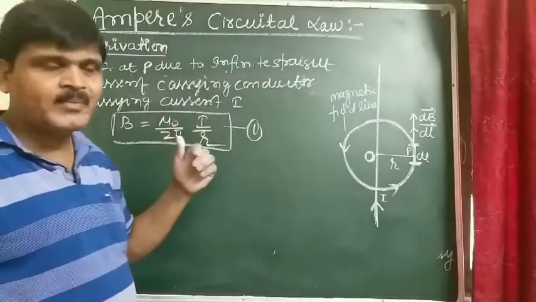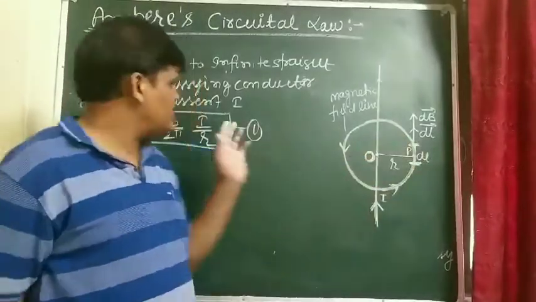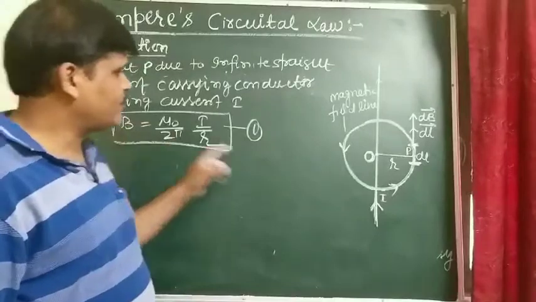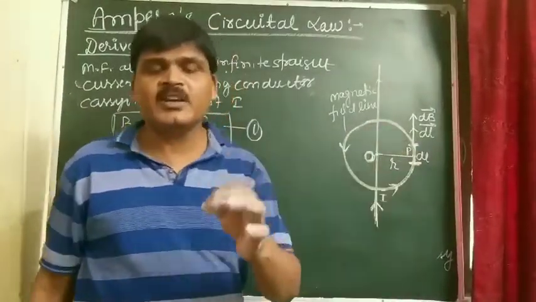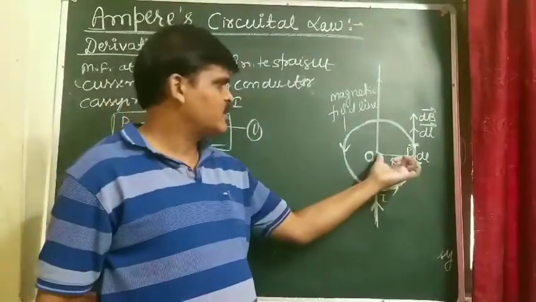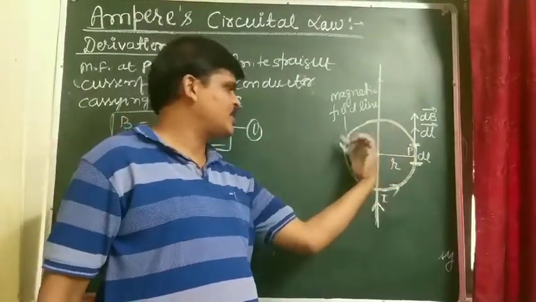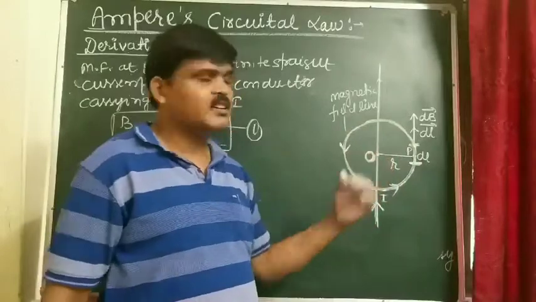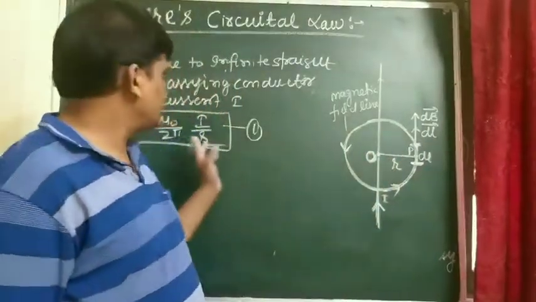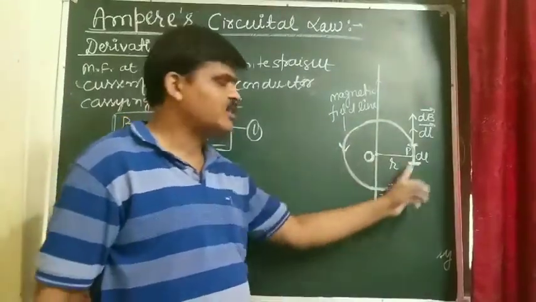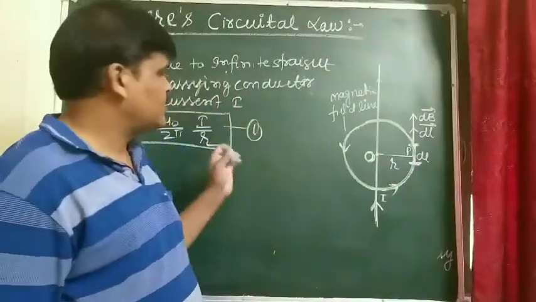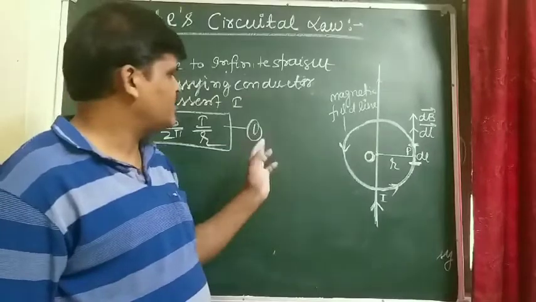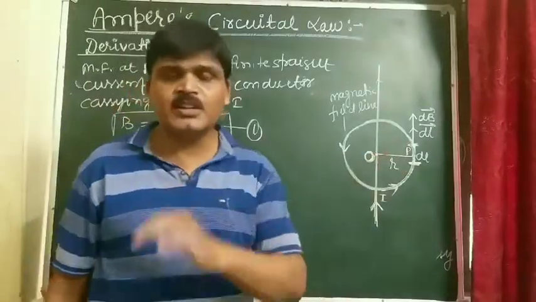The value at point P, which is R distance away, is mu naught by 2 pi I by R. And the magnitude of the magnetic field at each point on the circular path remains the same, because the distance from the wire at each point on the circumference of this concentric circle is the same.